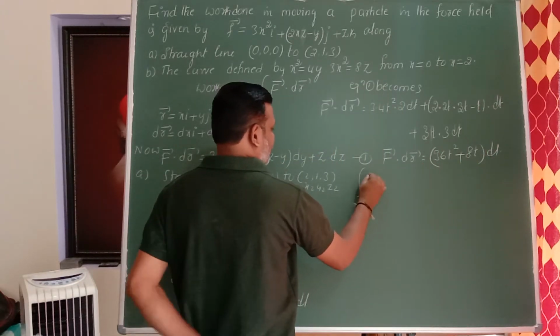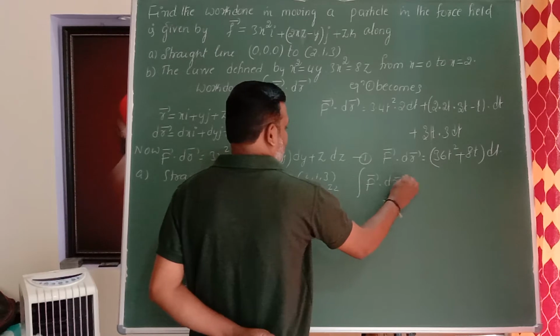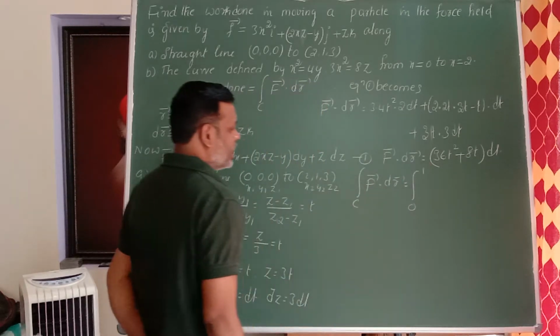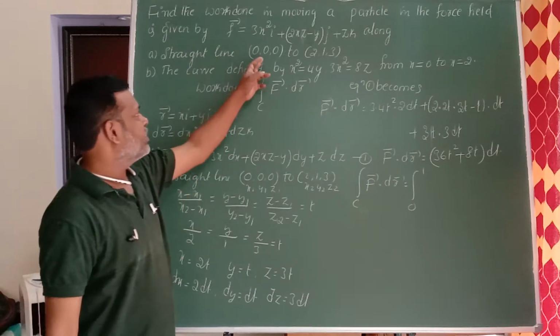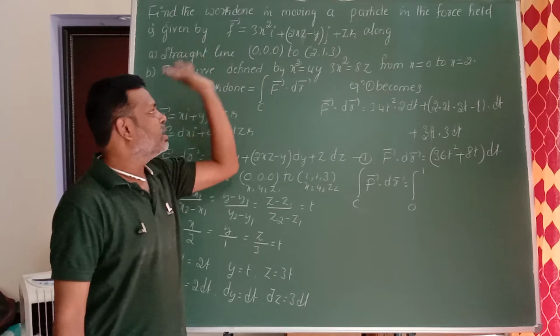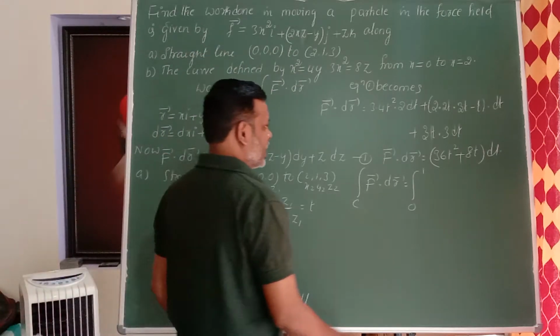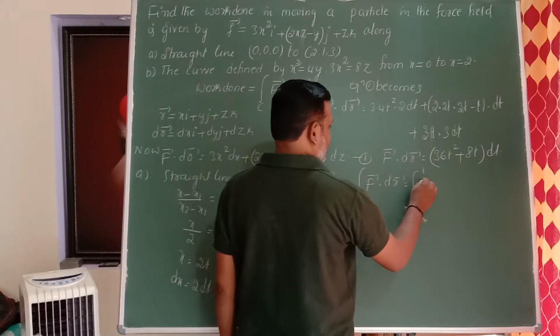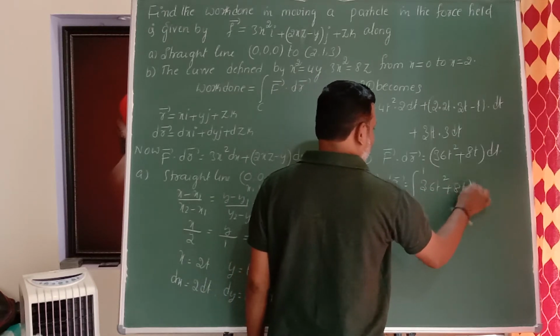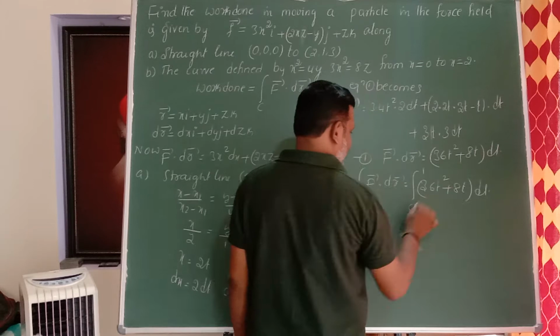Therefore, the integral of F dot dr over the curve C is equal to the integral from 0 to 1. Why do we have to take 0 to 1? Here the minimum point we have to take. 0 to 2 is there, 0 to 1, 0 to 3. The minimum is 0 to 1, so we take that. Here I can write the integral of 36t square plus 8t dt, which we can integrate.